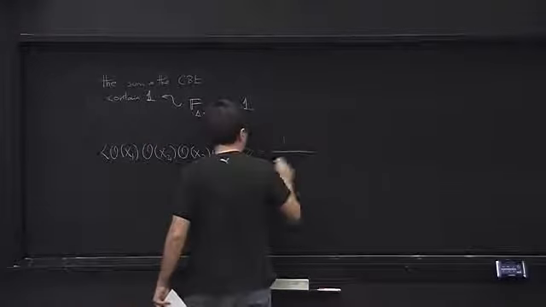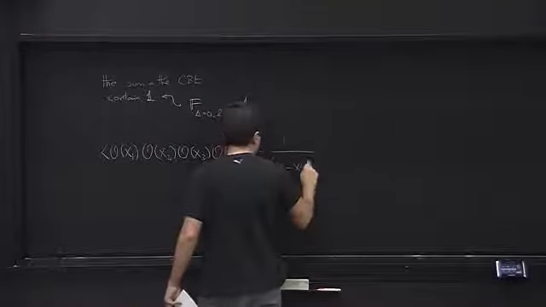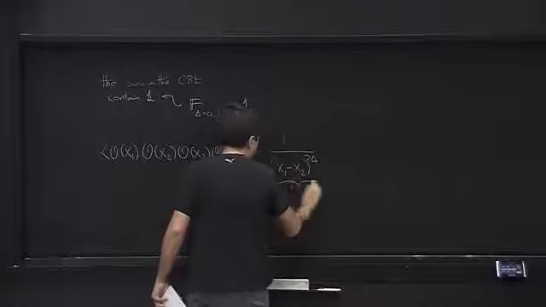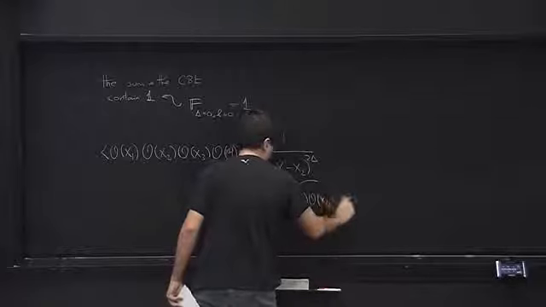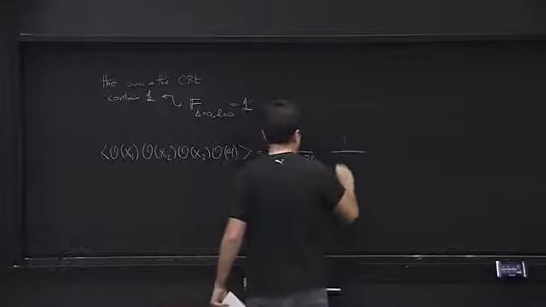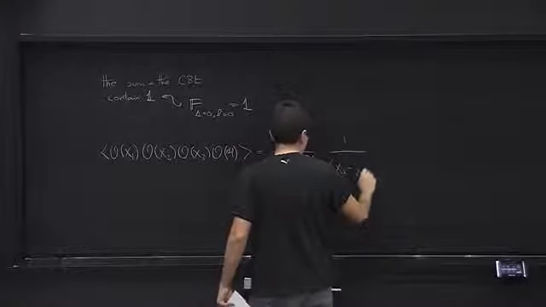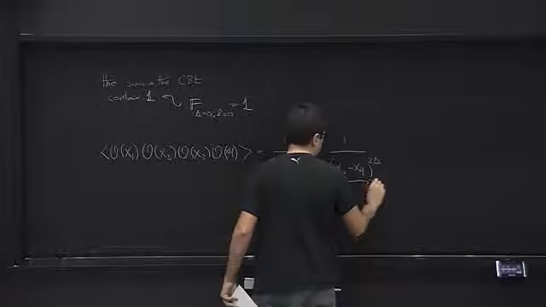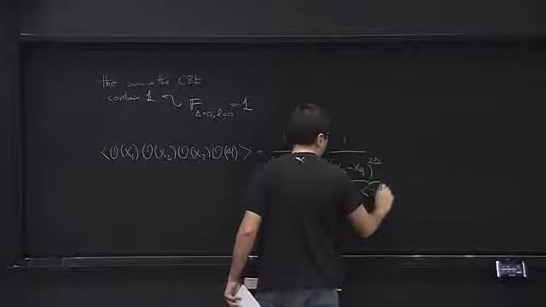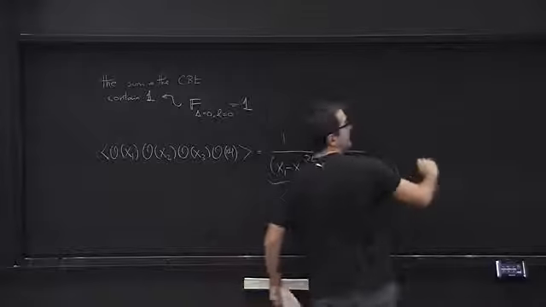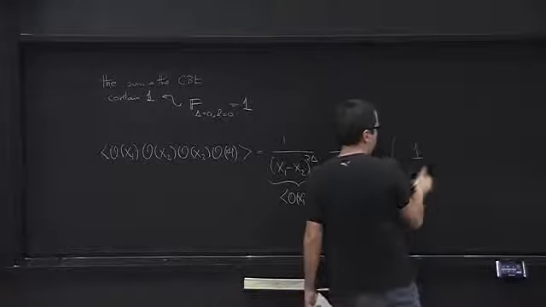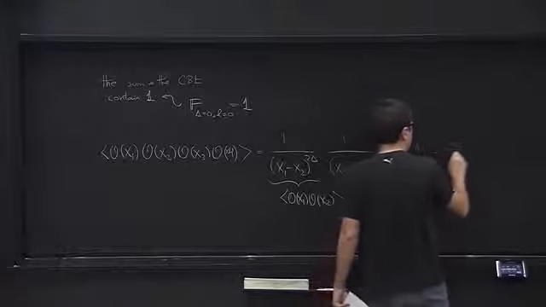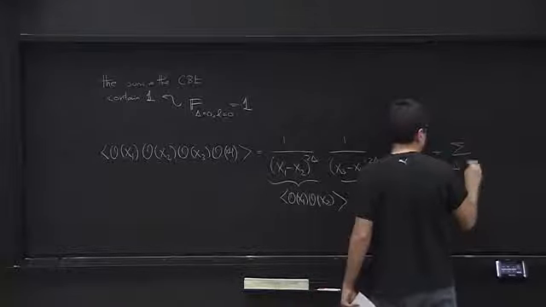So this can be given as 1 over x1 minus x2 to the power 2 delta. This is just the correlation function O of x1, O of x2, times the same thing, x3 minus x4 to the power 2 delta, that I can interpret as the correlation function of 3 and 4. And then I can separate the sum that is written there into a 1, which comes from the identity, plus a sum of the non-identity operators.